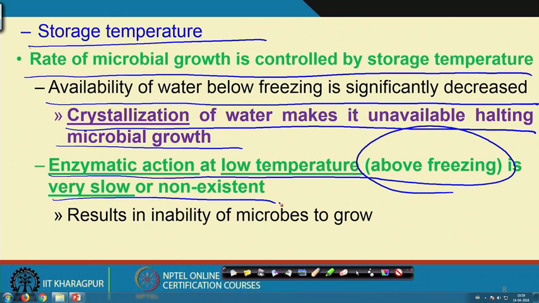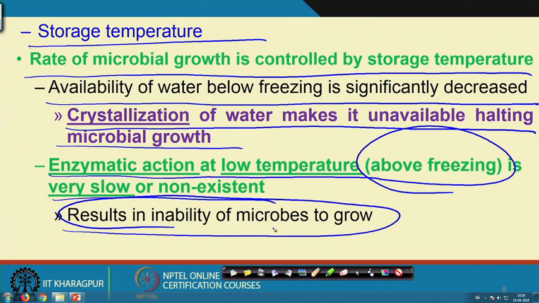Some enzymes may be active at around 0 degrees, while some enzymes' activity is nullified at that temperature. So, it is either eliminated, nullified or minimized at around 0, just above the freezing point. This results in inhibiting the growth of the microbes to a great extent.